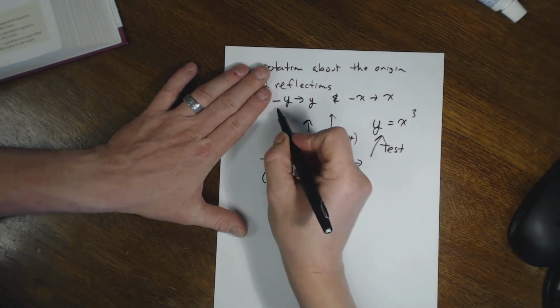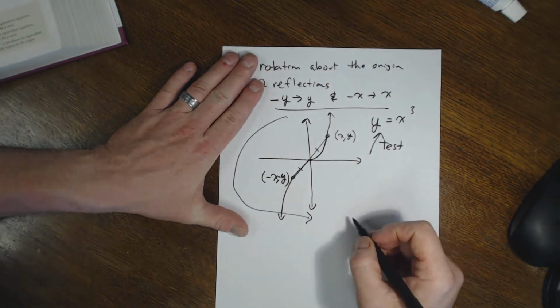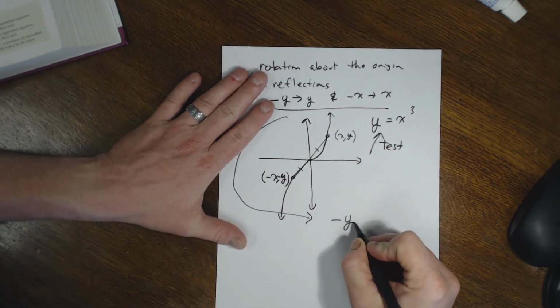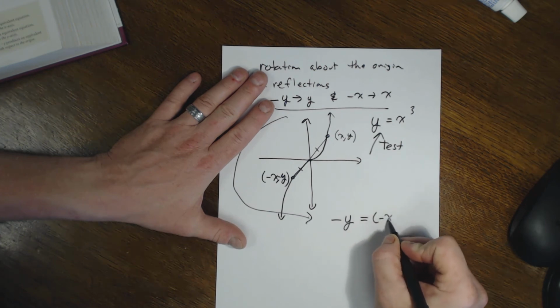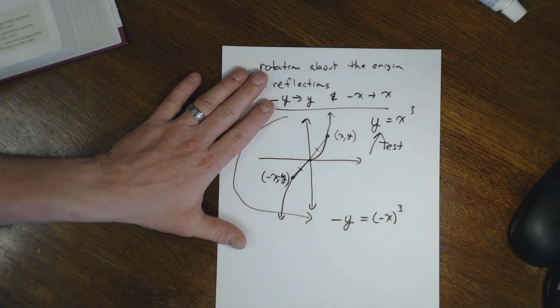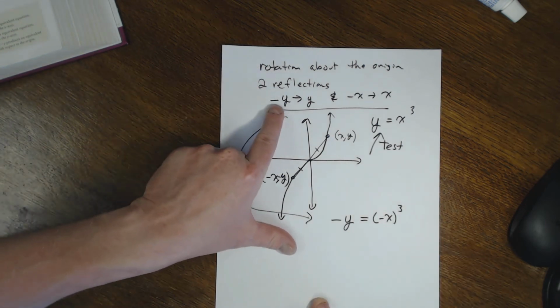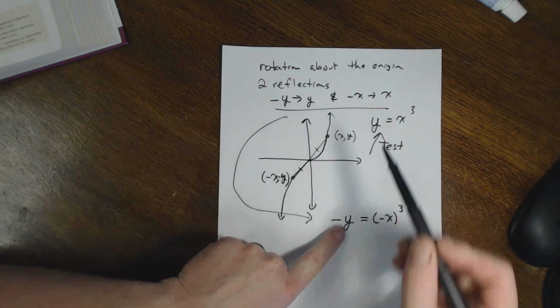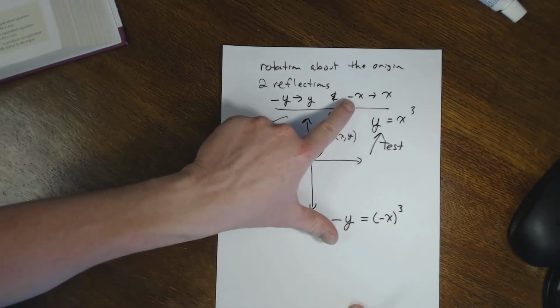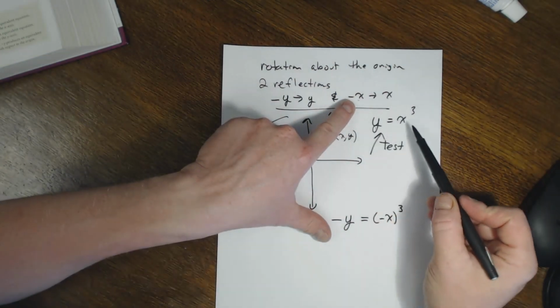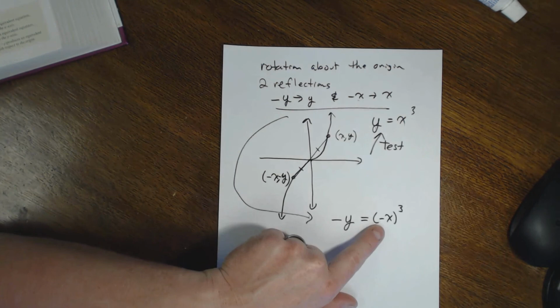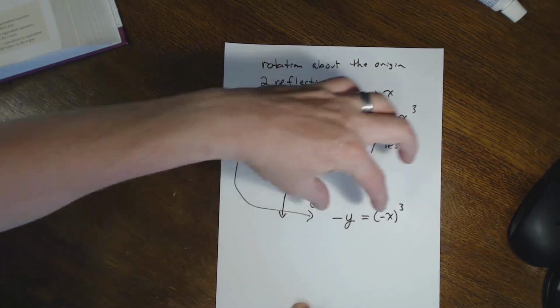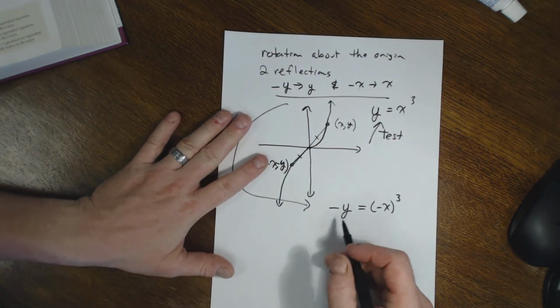So I'm going to do both of these down here. Minus y is equal to minus x to the third. So again, I'm replacing minus y in for y here. I'm getting minus y. I'm replacing minus x in for x. So instead of x here, I'm putting in minus x. Now I'm going to simplify this.